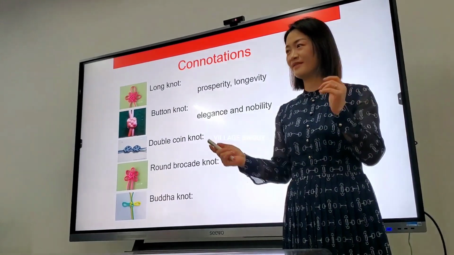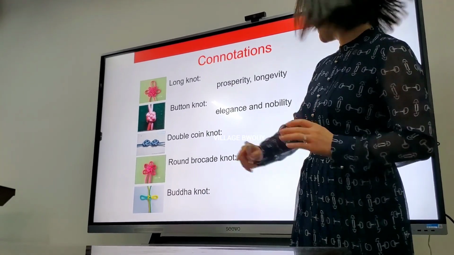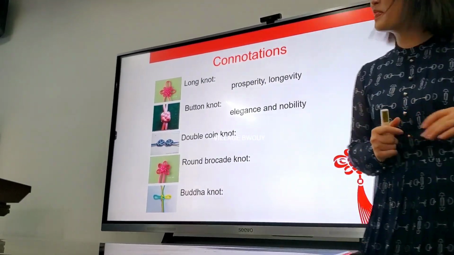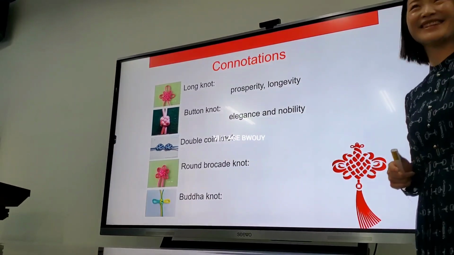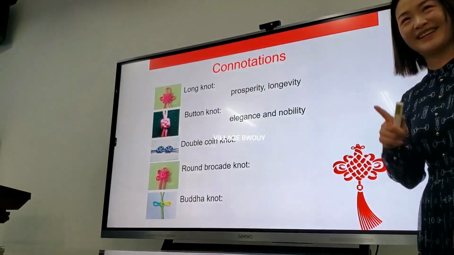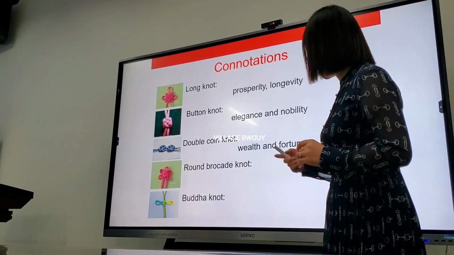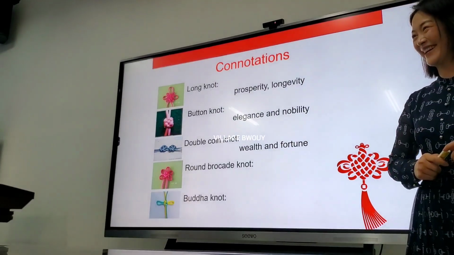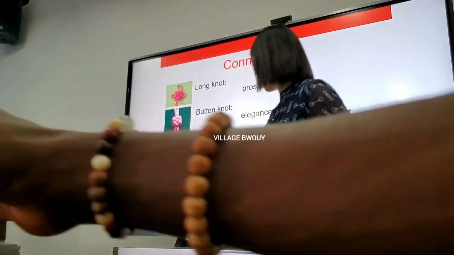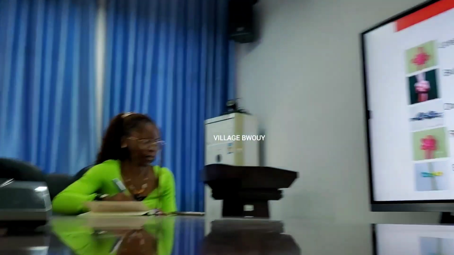And a double coin knot. It looks like two coins, right? So what does it mean? Riches. Rich and wealth, right? Yes, that's right. So it means wealth and fortune. You're so smart. And this is called round brocade knot.